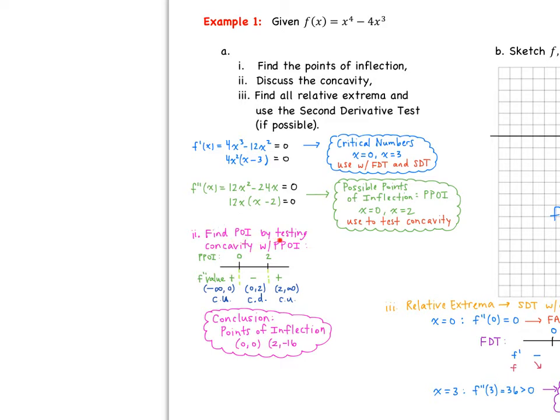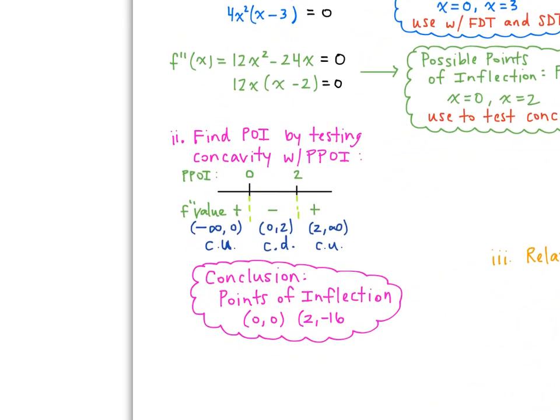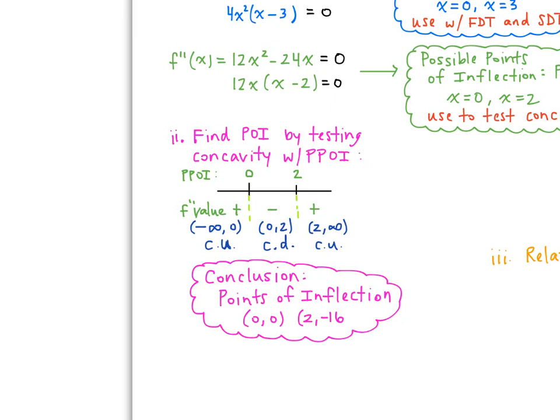So now we go to finding our points of inflection by testing concavity with our possible points of inflection. This is going to look like the first derivative test that we've been doing the last couple of days. So I draw my number line and put my possible points of inflection on here, and we have our three different regions.